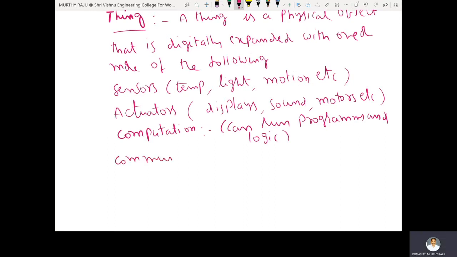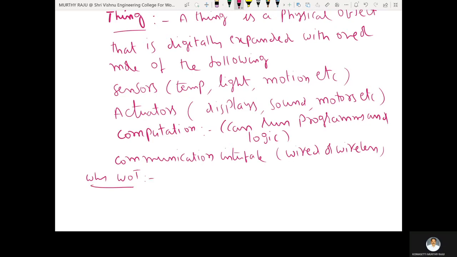So a thing is a physical object that is digitally expanded with one or more of the following: sensors, actuators, computation, and the communication interface.